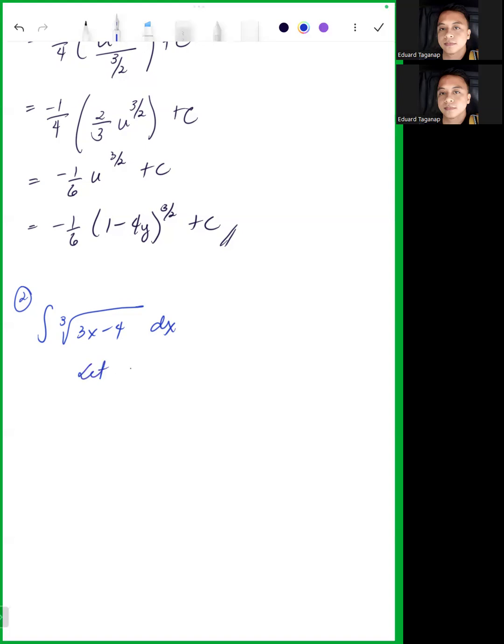Let's try 3x minus 4. du is 3 dx. Again, let's rewrite the given in terms of our new variable. So we'll have the cube root of u, and from this equation, we get dx to be du over 3.